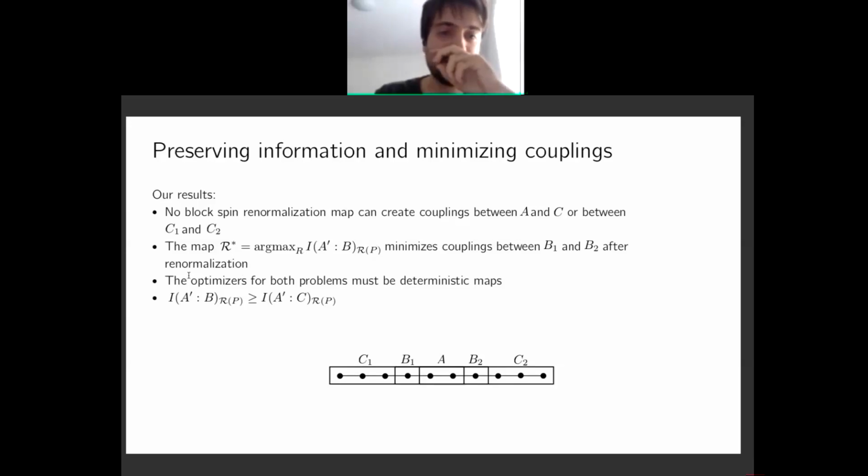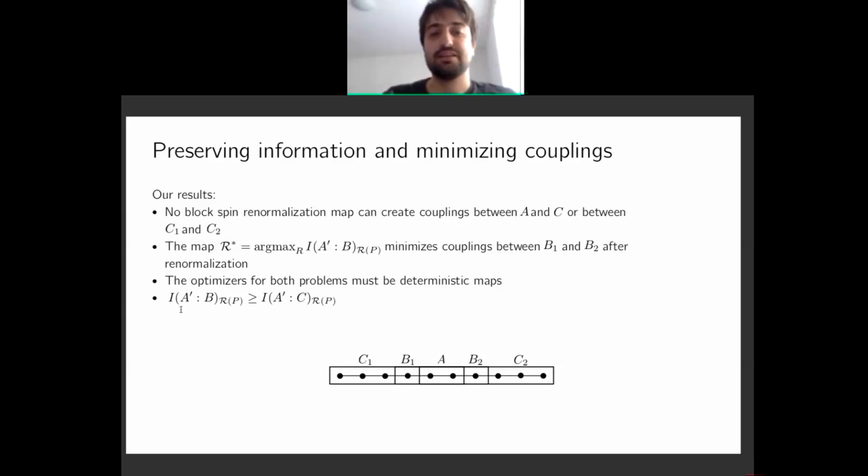Another interesting thing we find is that the optimizers for both problems must be deterministic maps. By both problems here, I mean preserving as much long-range information as you can and as much short-range information as you can. Both problems must have a deterministic optimum, which could be useful, I think, to inform the machine learning algorithm of the RSMI algorithm.